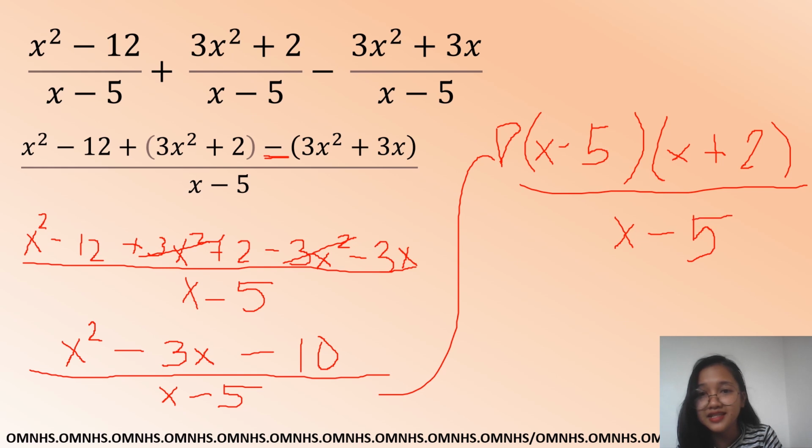Okay. So as you can see, x minus 5 is the common factor for numerator and denominator. So we can now cancel this out. And our final answer is x plus 2.